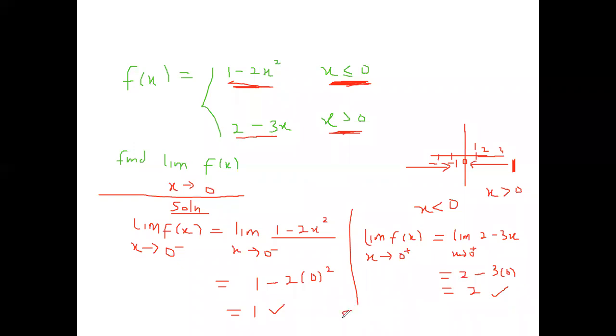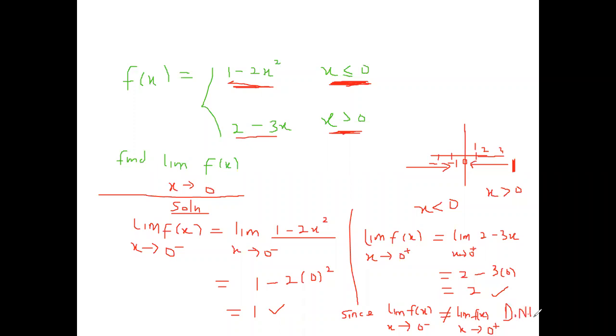So we are going to write, since, okay, since the limit of f of x, okay, as x approaches 0 from the left is not equal to the limit of f of x as x approaches 0 from the right, okay, you indicate that the limit does not, you write, does not exist.